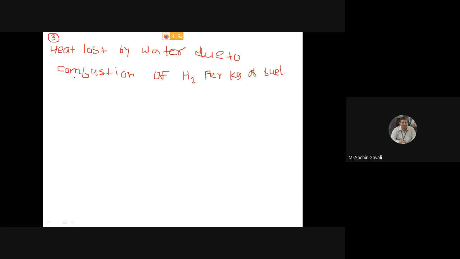So what is this loss? It is similar to our earlier loss. What was the earlier loss? Conversion of water, moisture, into steam. Similarly, the fuel is a hydrocarbon, a mixture of carbon and hydrogen.